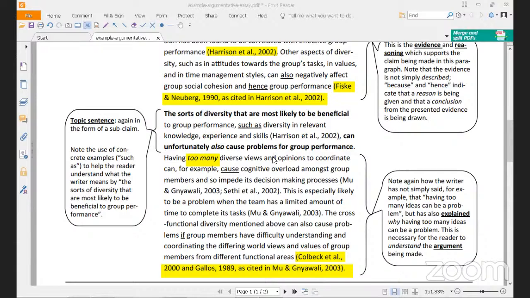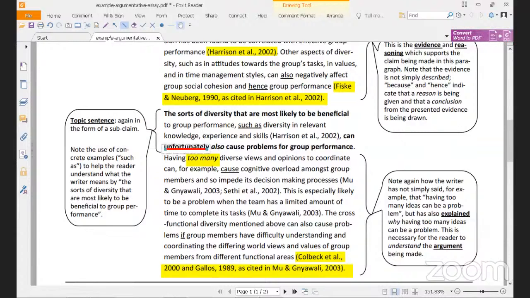Having too many diverse views and options to coordinate can, for example, cause cognitive overload amongst group members and so impede its decision-making progress.